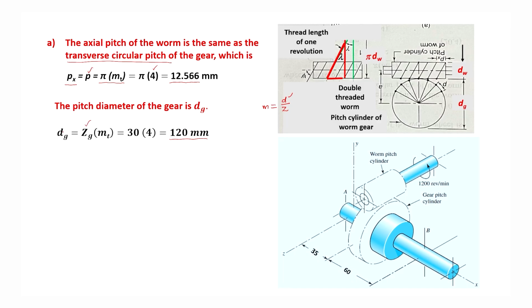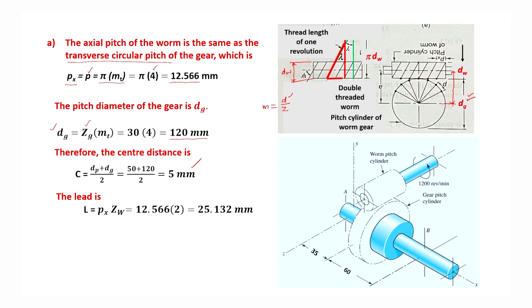Now, knowing the pitch cylinder diameter of the worm dw, which is given, and dg of the gear, we can find the center distance, which is equal to dw plus dg divided by 2, and it comes as 85 mm.